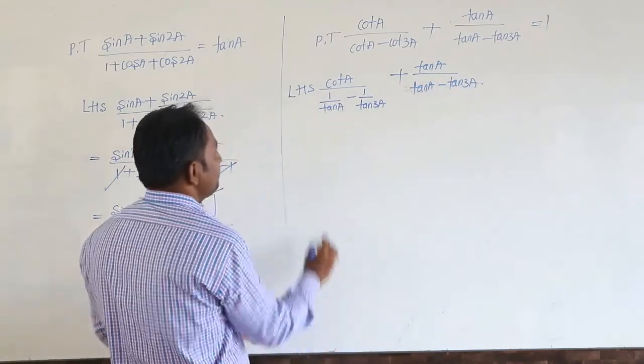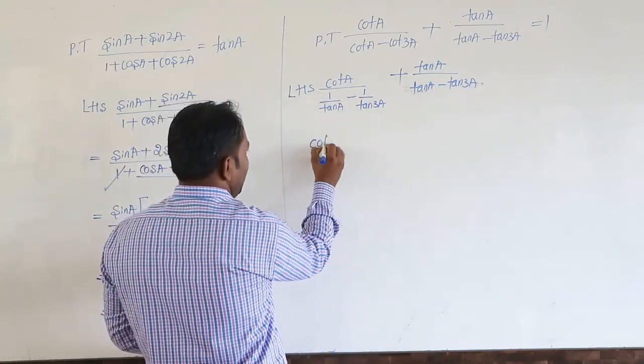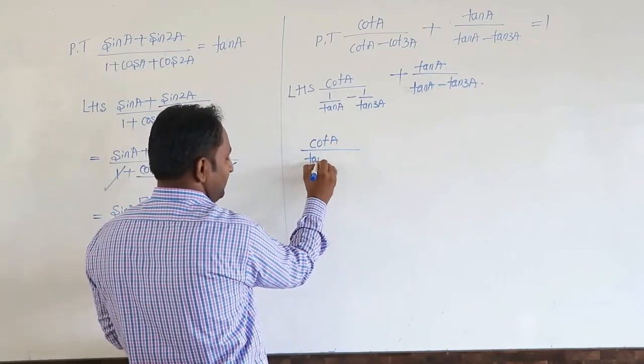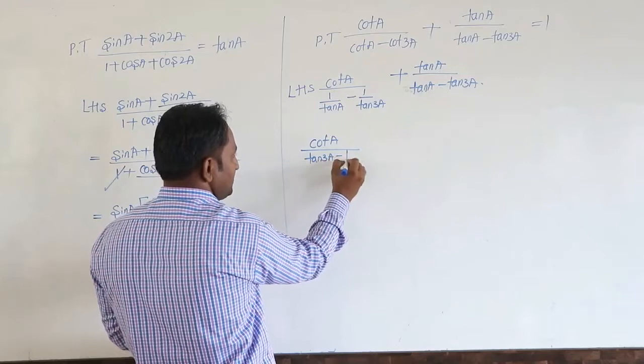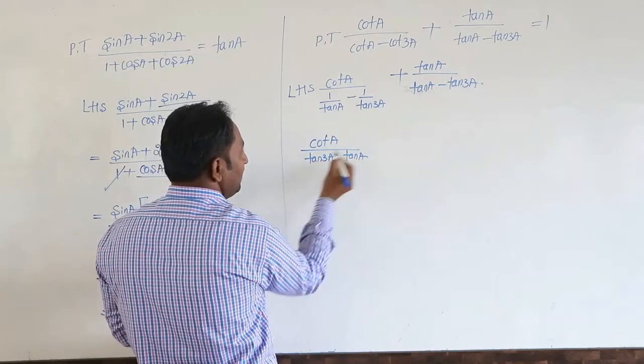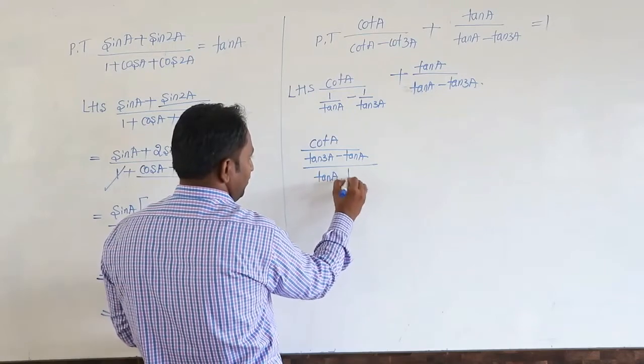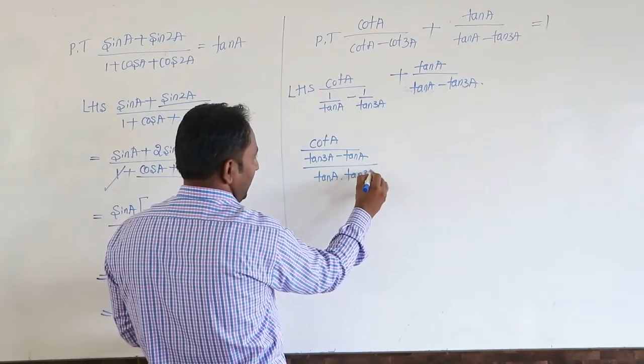Take LCM, cot a divided by (tan 3a minus tan a) divided by tan a into tan 3a.